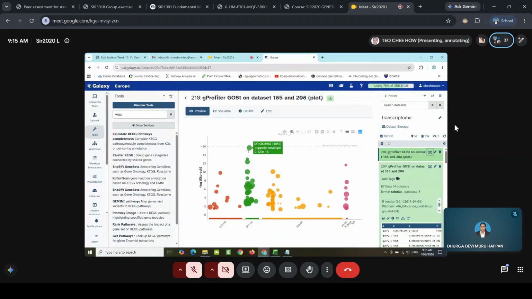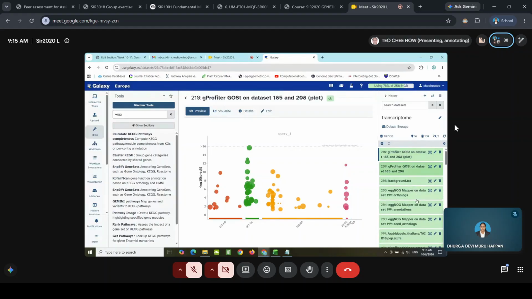So you can see the ones involved in organelle. Organelle, chloroplast is one of them. Photosynthesis and thylakoid, those are photosynthesis, right? So response to temperature, and this is the one that we want, right?